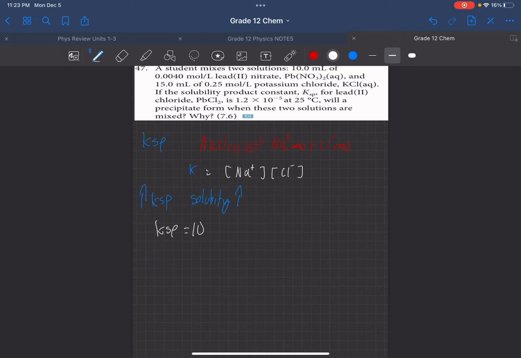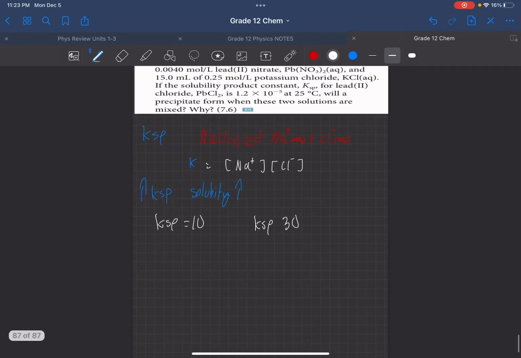And we have another KSP of 30. So what does this mean? So this means that when we took the product of the products, we ended up getting 10, and this is at equilibrium, versus this KSP, where we took the product of the products, so we multiply these two products, we got a KSP of 30. As you can see, 30 is a lot greater than 10.